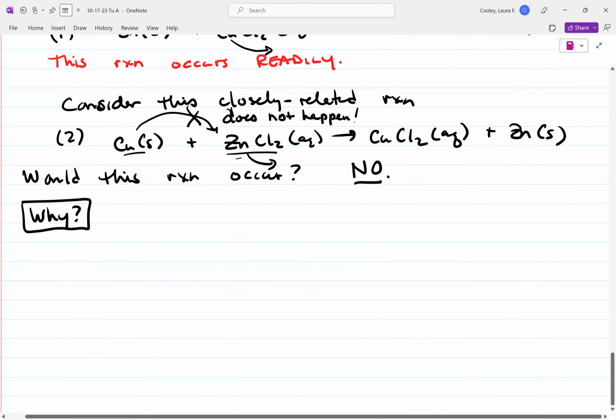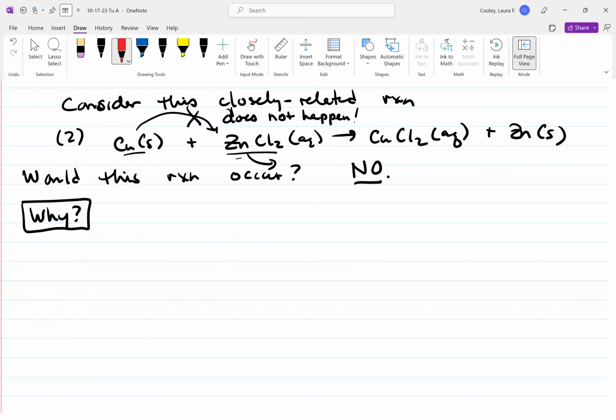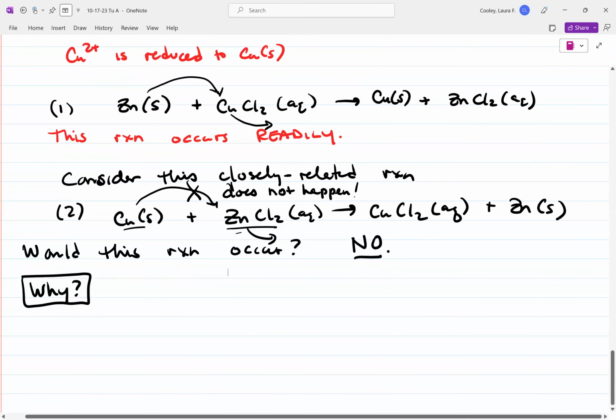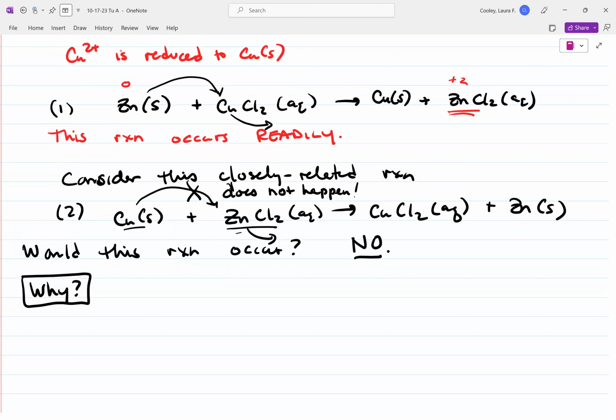Some of them are more active, more reactive, than others. Metals are not all the same reactivity. Zinc is more easily oxidized, because this is an oxidized form of zinc, +2 here, and this is a reduced form, 0. Zinc is more easily oxidized than copper.